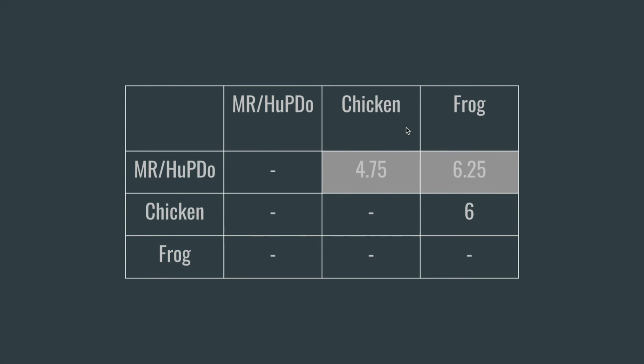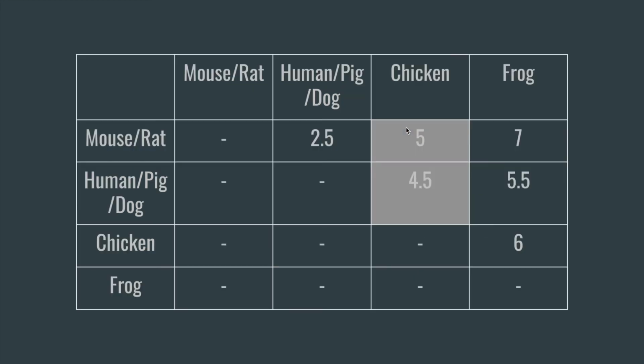So here are the values. The difference of the cluster with that of a chicken is 4.75, and for that of a frog is 6.25. Where did we get these values? If we go back to the matrix, the difference between the mouse, rat, and chicken is 5, whereas the difference between the human, pig, and dog is 4.5.